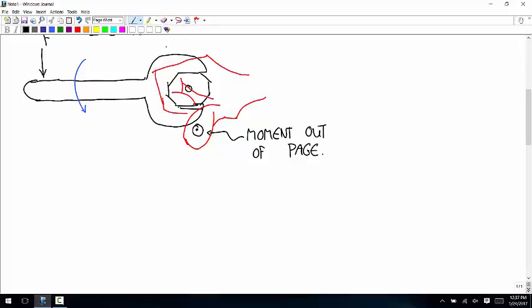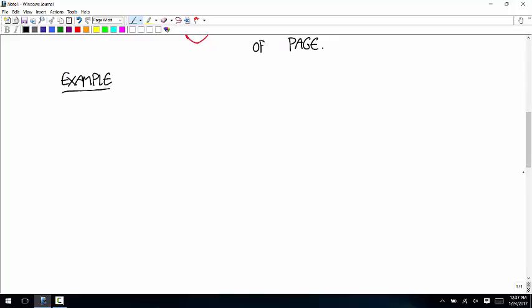So let me do a 3D example. In 2D, there can only be a non-zero Z component. In 3D, you can have 3 non-zero components. So that's what we're going to get in this example. So let's say there's a plate connected to the wall.